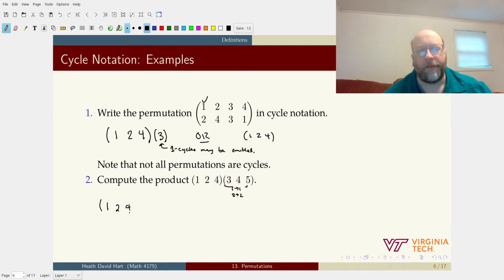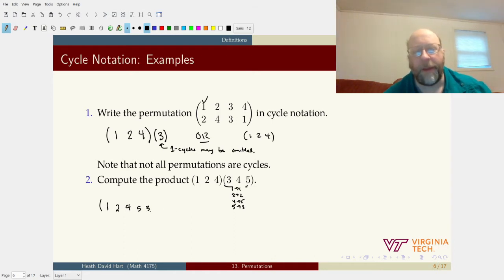All right, so now we see what happens to 4. Well, this function is now doing something. It takes 4 to 5, and then this function doesn't do anything with a 5. And so we have a 5 here. So let's see what happens to 5. This function sends 5 to 3, and then this function doesn't do anything with 3, and so 3 stays the same.